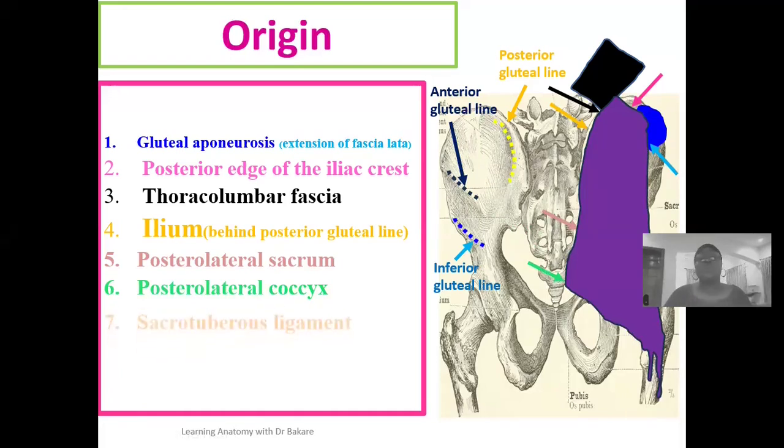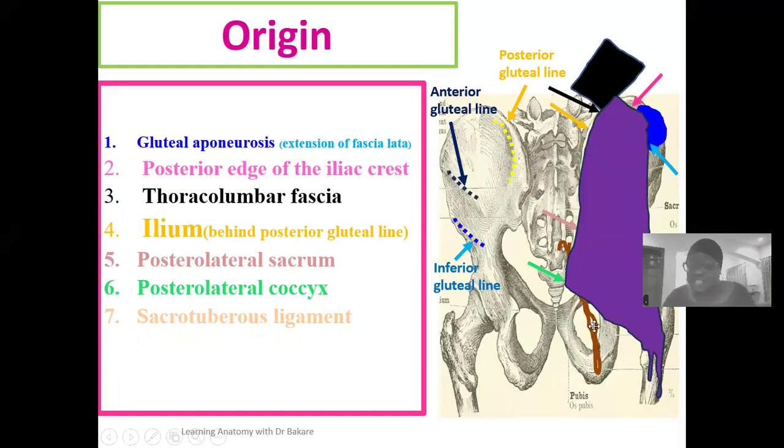The last region where we have the emergence of the fibers of the gluteus maximus is from the sacrotuberous ligament. Remember, our sacrotuberous ligament is what is highlighted here in brown. I said that all we need to do is to always break down the name. If you break down sacrotuberous ligament, it means the ligament that connects the sacrum with the tuberosity of the ischium.